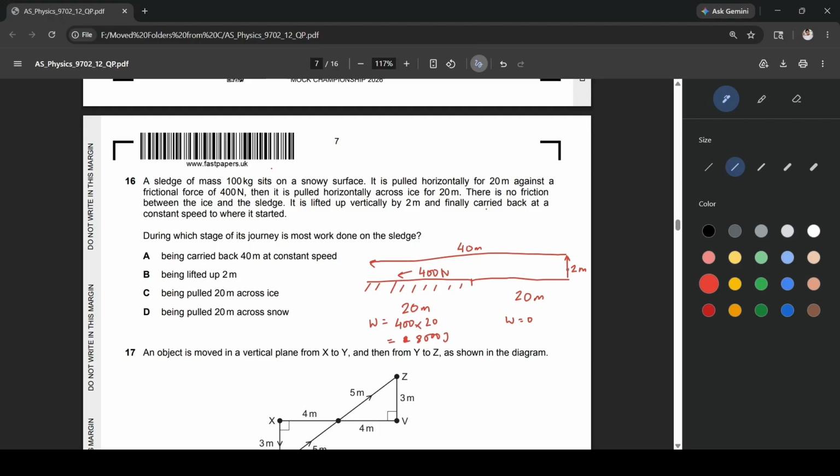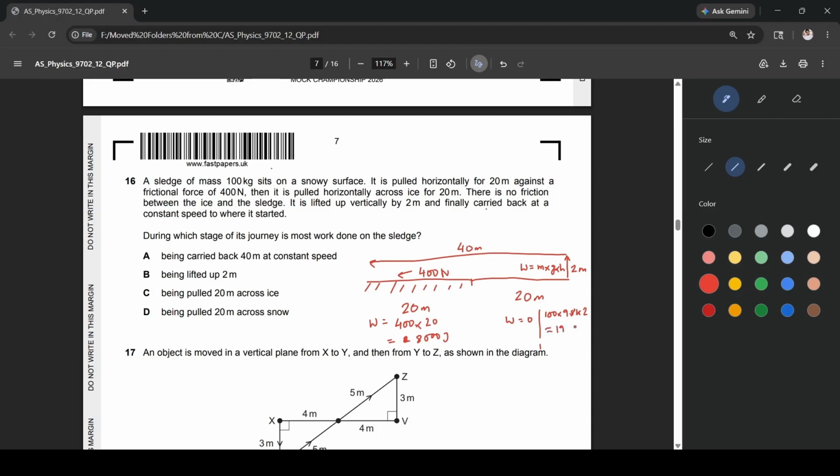In the third part, there are 4 parts of this entire journey, and one of these is being lifted up by 2 meters. The work done in being lifted up by 2 meters is mgh, which is gravitational potential energy. So here, the mass is 100, g is 9.81, times 2 meters, which is approximately 2000.